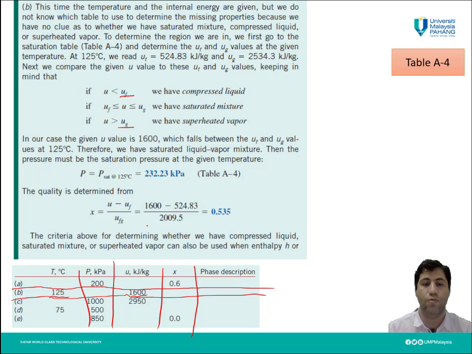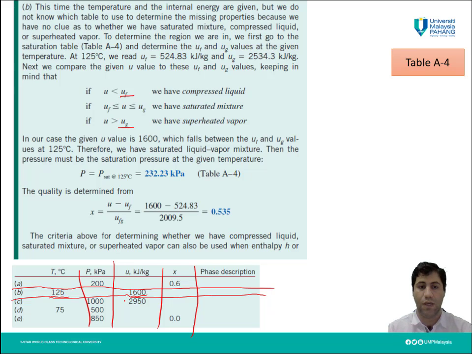If U which we have here is less than UF for this temperature, it means we have compressed liquid. If our U is between the UF and UG for the 125 degrees Celsius temperature, it means it is in saturated mixture. And if U is higher than UG, it means we have a superheated vapor.